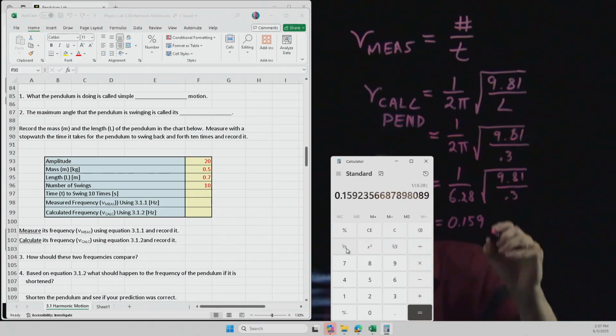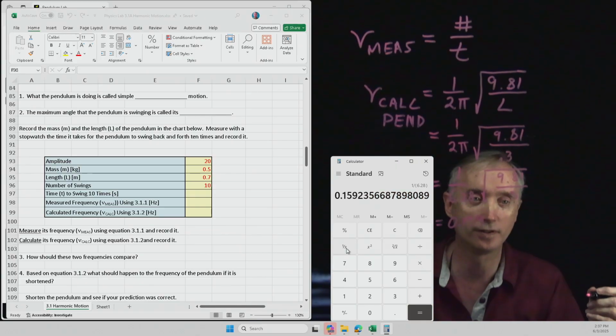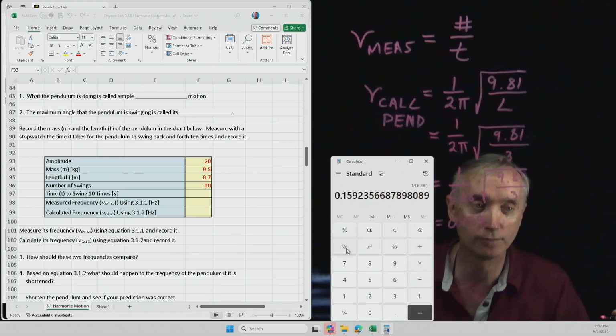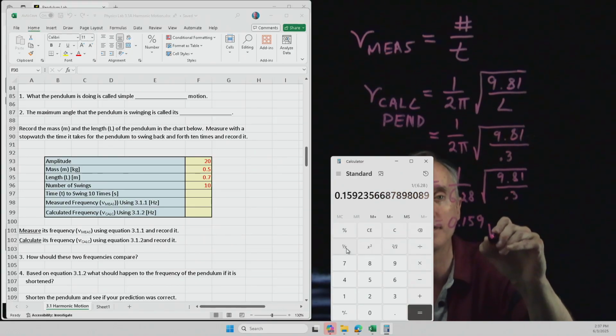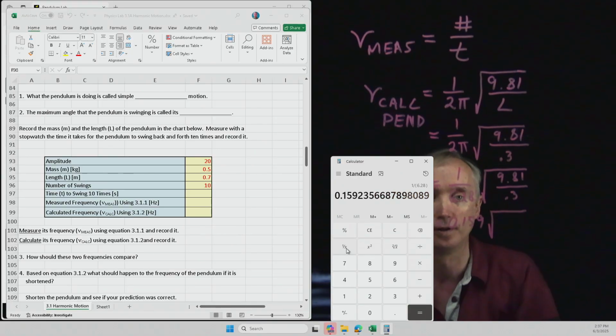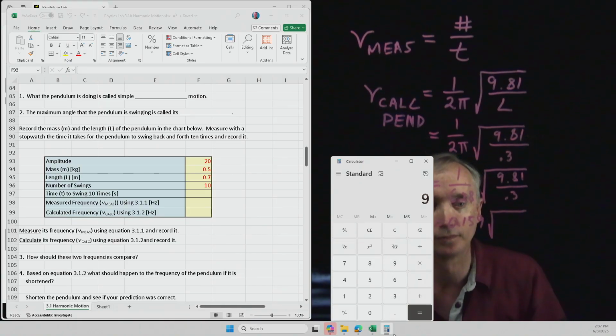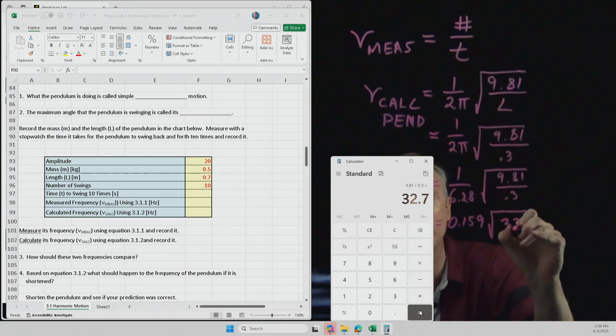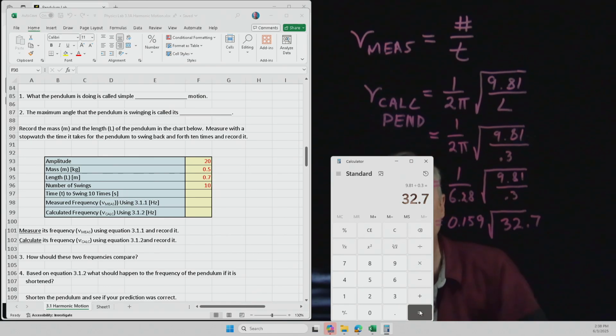Okay, and then there's no good way of doing this. I have to hide so you can see the number there. And then let's do this part, square root. Okay, now I'm going to take 9.81, and I need to divide by 0.3, and then hit the equals, and I get 32.7.